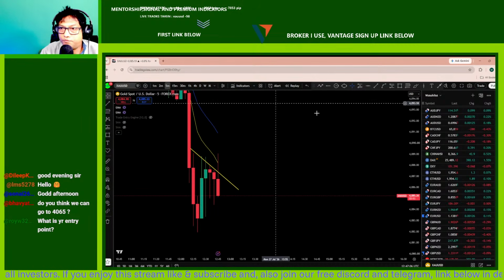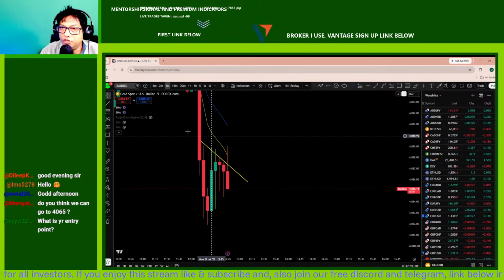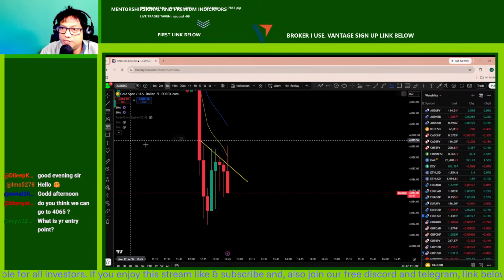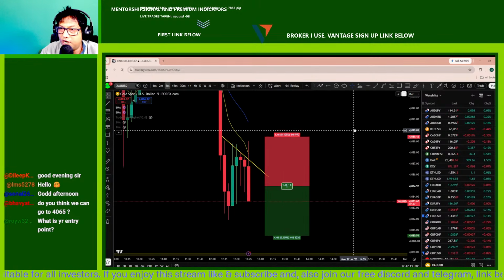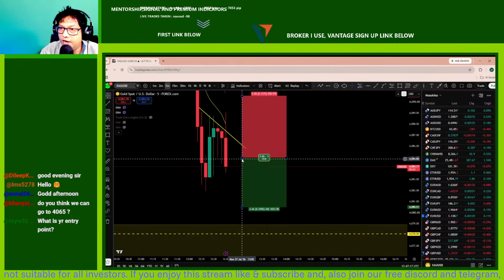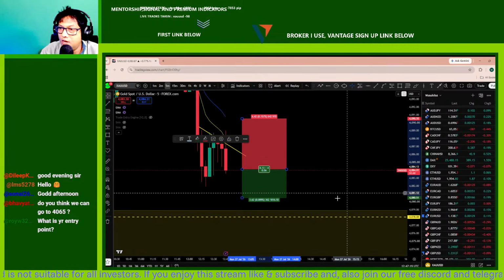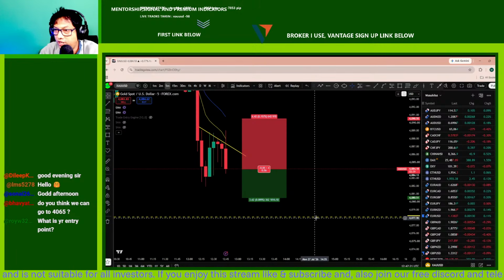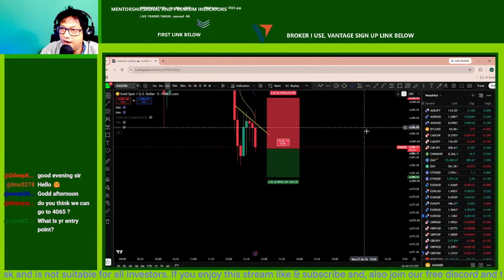And we see there is a liquidity sweep, and I will be looking at a potential sell entry. If you look at the market, it just grabbed the liquidity above this level, and this is a sell trading move. This is what I was waiting for, the market to break that high.